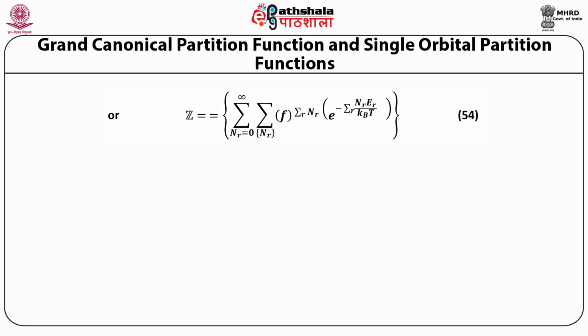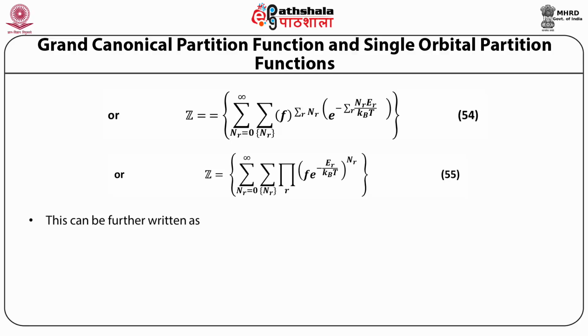or Z is equal to the summation over N_r = 0 to infinity, summation over the set {n_r} of fugacity raised to power Σ_r n_r multiplied by e^{-Σ n_r ε_r/k_BT}, which can be further written as Z is equal to the summation over N_r = 0 to infinity, summation over the set {n_r} of the product over r of (f e^{-ε_r/k_BT})^{n_r}.